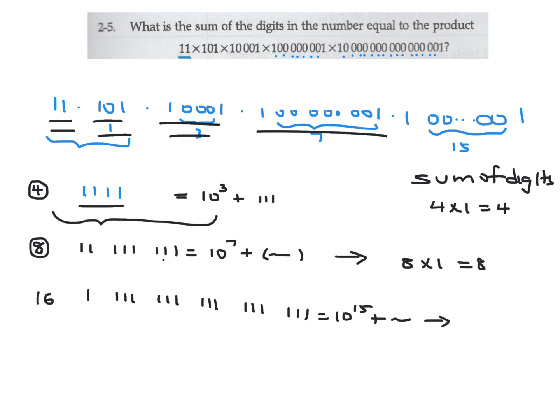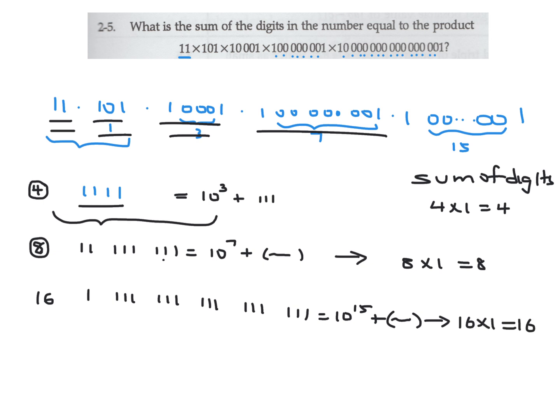And the sum of the digits is 16 times 1. Wait, hold on. Yeah, I think that was right, actually. It's 16. So 1, 2, 3, 4, 5, 6, 7, 8, 9, 10, 11, 12, 13, 14, 15, 16. Yeah, so 16 times 1.